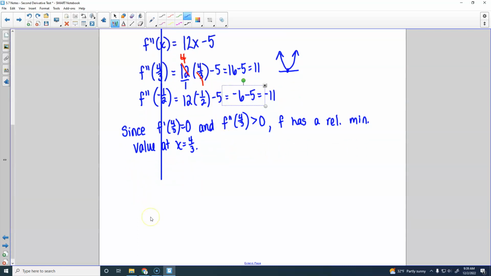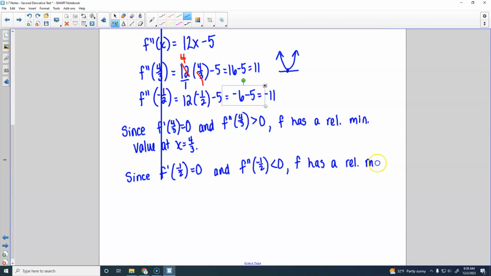And then for the second one, we're going to say since f prime of -1/2 equals 0 and f double prime of -1/2 is less than 0, f has a relative maximum value at x equals -1/2.